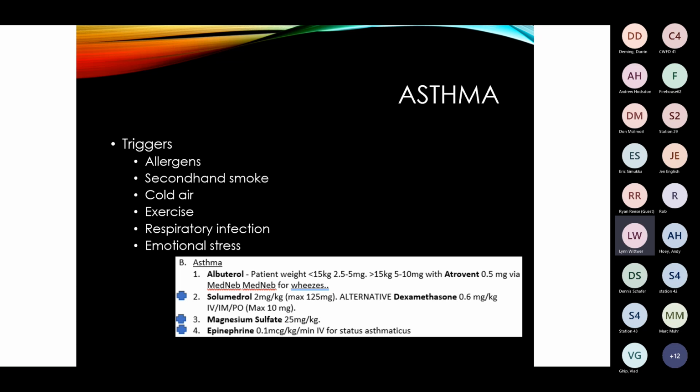My order of adding things would be epinephrine 0.1 mcg per kilo per minute for status asthmaticus, and start dripping and adjusting the drip as required. And then I would give magnesium sulfate.